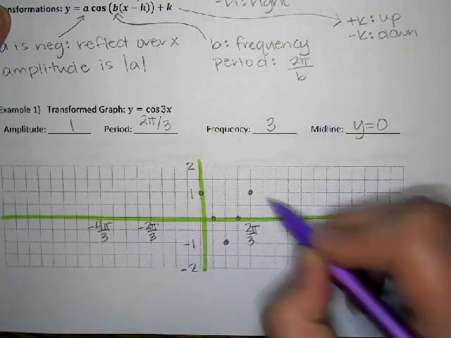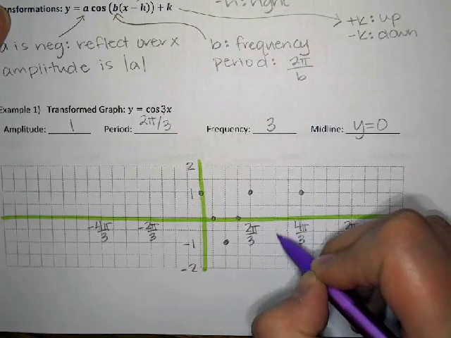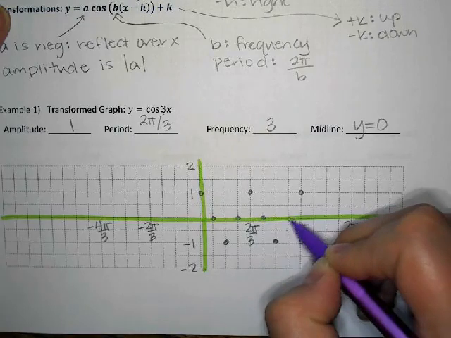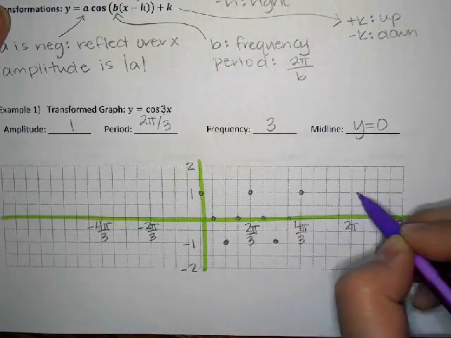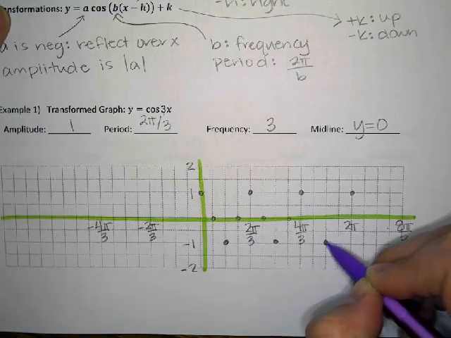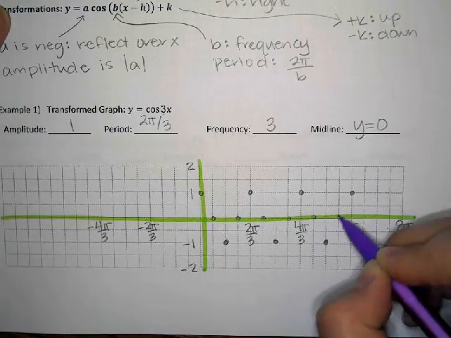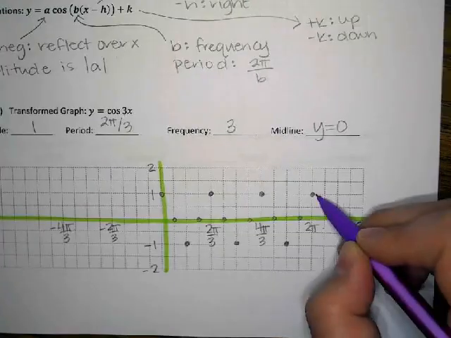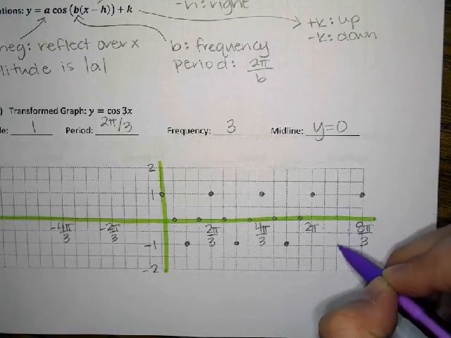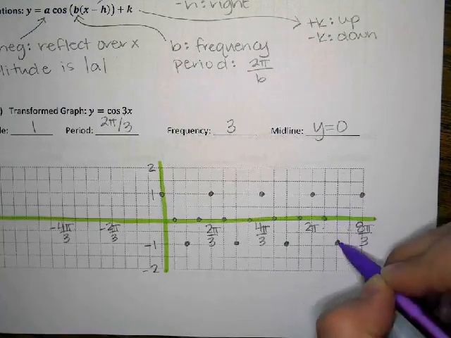So maximum to maximum, minimum in the middle, cross the midline between those. Maximum to maximum, get the minimum in the middle, cross the midline between those.